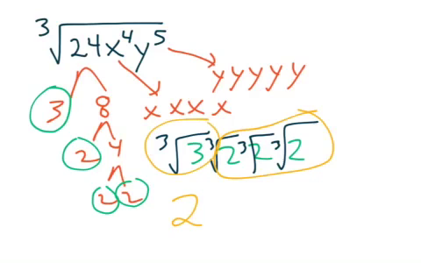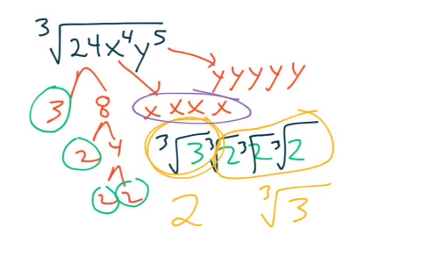What do I do with this extra cube root of 3? Well, it has to stay as cube root of 3. Okay, what about the x's right up here? Well, with a cube root, can't I take 3 of them and make a regular x? The extra x right there has to stay in the radical.